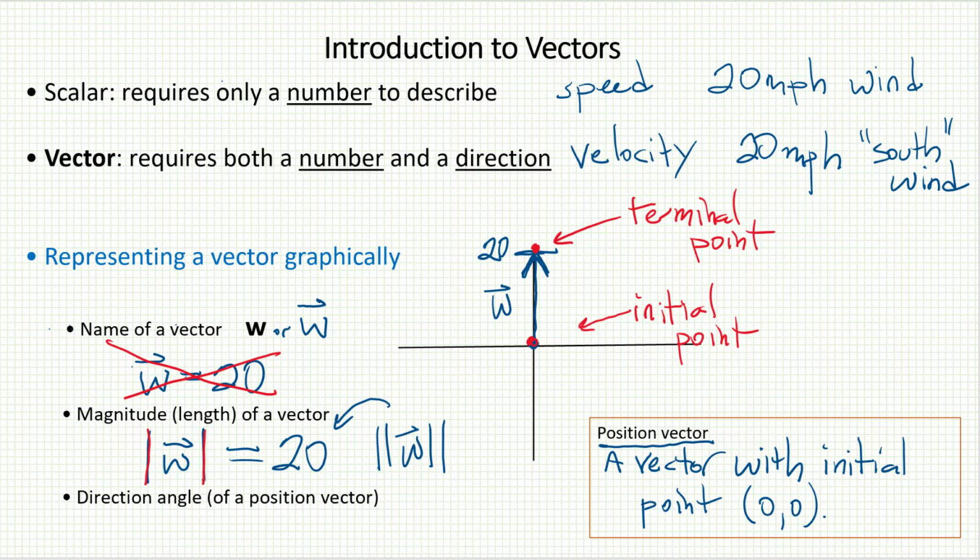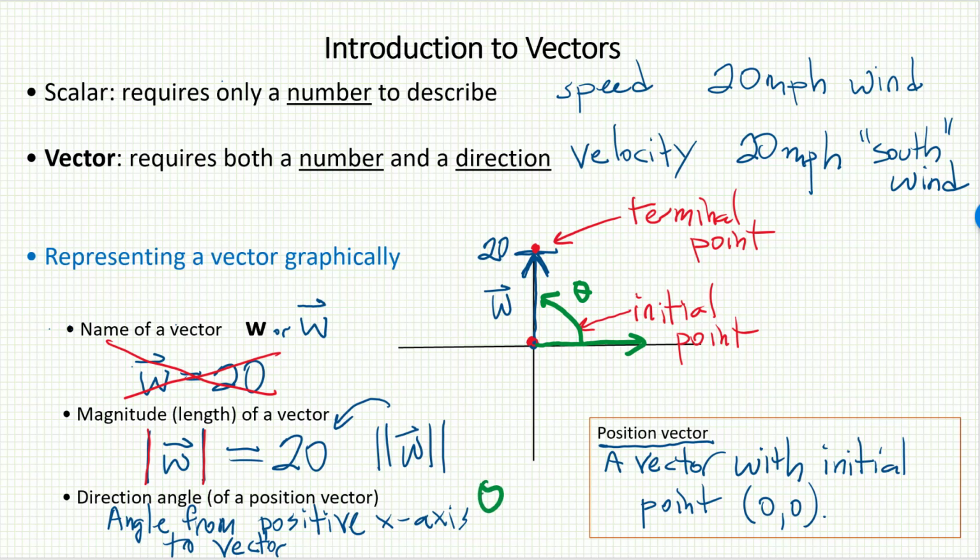And then the direction angle of a position vector refers to the angle from the positive x-axis to the vector. For our wind vector, the direction angle would be this angle from the positive x-axis toward our vector. We'll call the direction angle theta, and it's obvious in this example that theta is just 90 degrees.